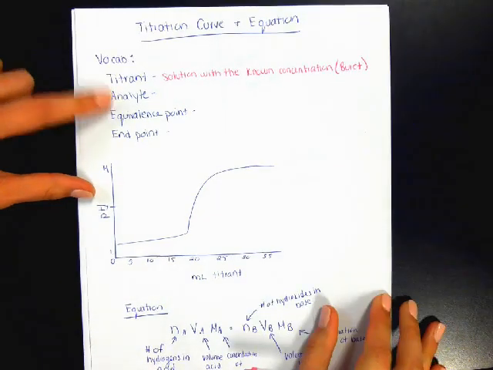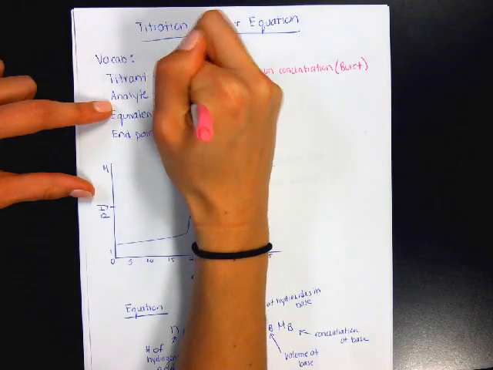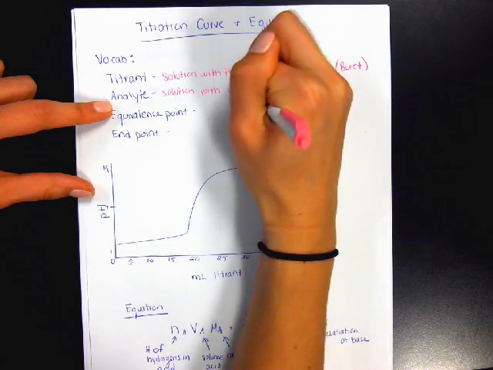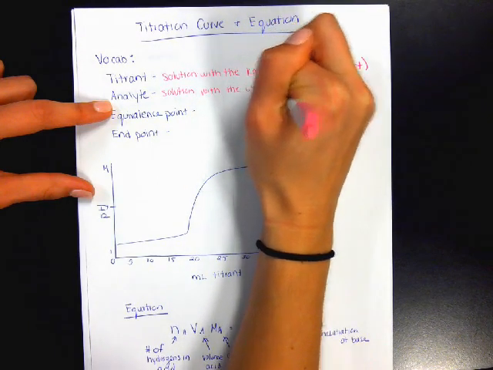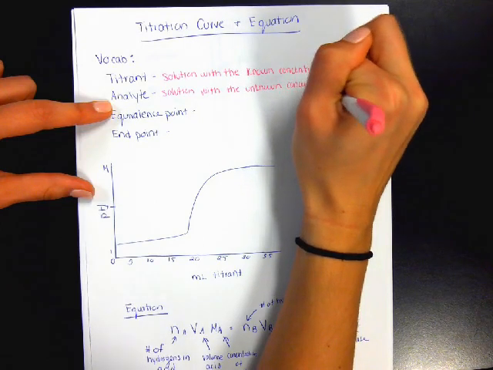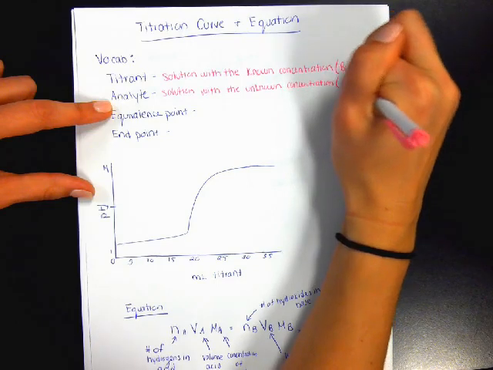The analyte is going to be the solution with the unknown concentration. And it's found in the Erlenmeyer flask. So I'm just going to write flask.